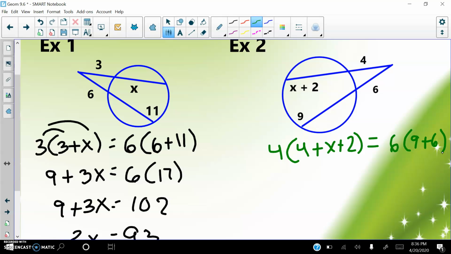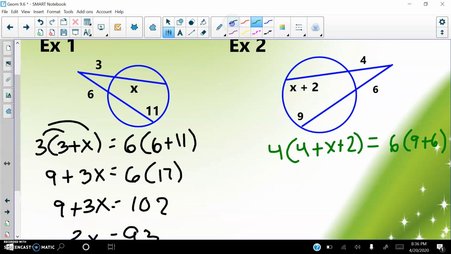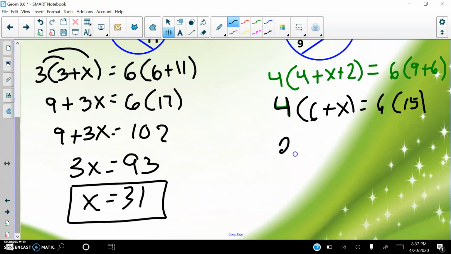I'm going to combine like terms first, do everything inside parentheses. I'm going to change colors. I didn't realize there was green right there. So I have 4 times 6 plus x equals 6 times 15. If I distribute, I get 24 plus 4x is equal to, some quick maths, 6 times 15 is 90.